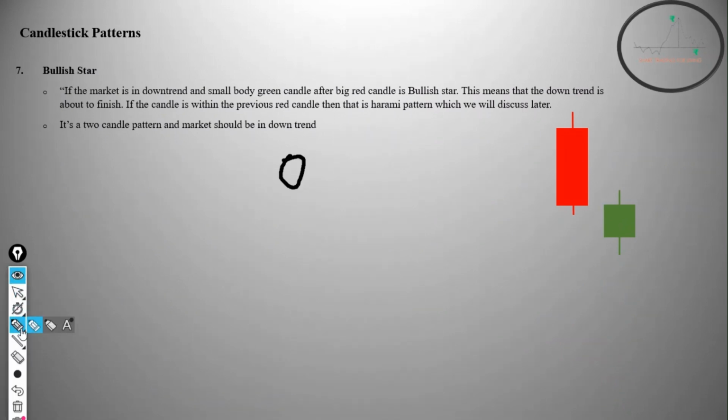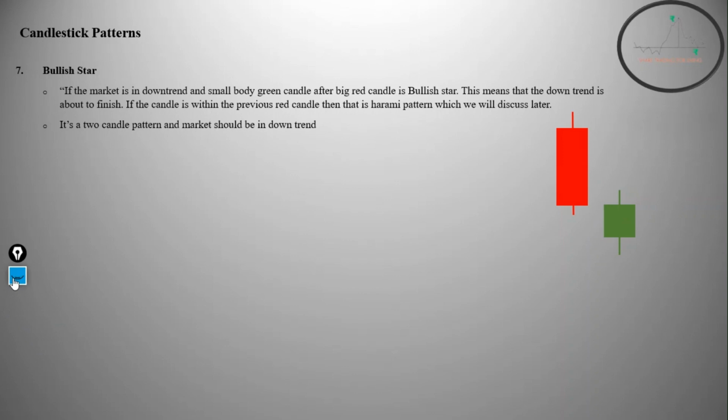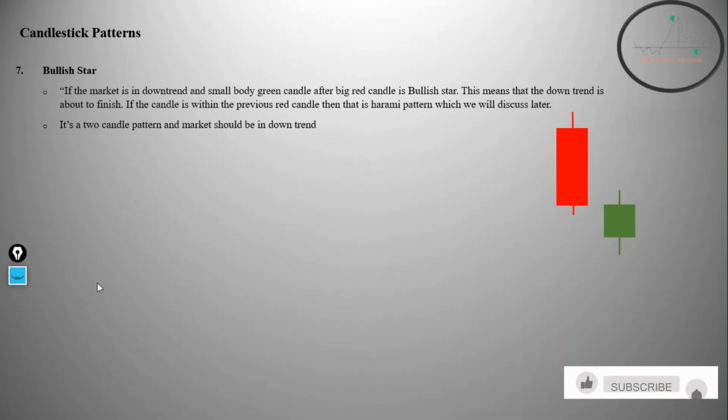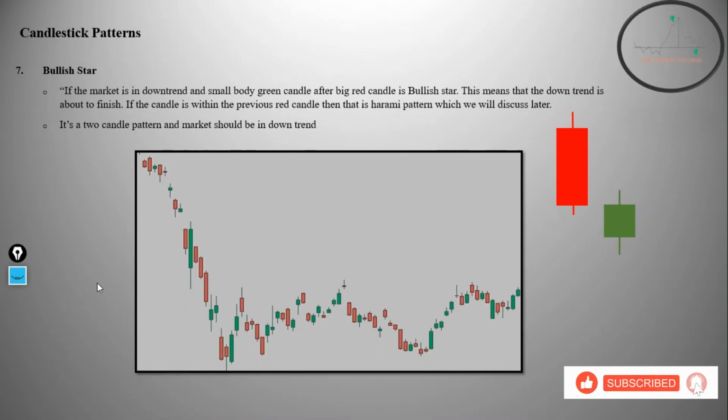This pattern is not valid if the market is in an uptrend. After this big red candle, this green candle comes in. That is bullish star. And what does this bullish star represent? It represents a market reversal, right?